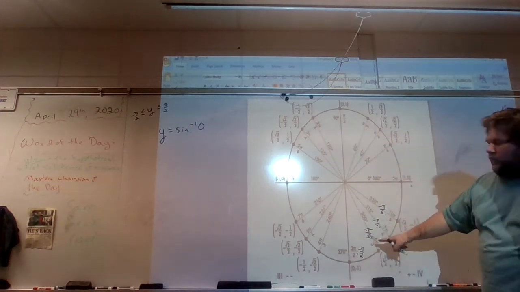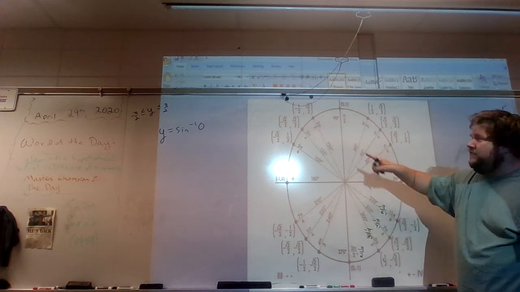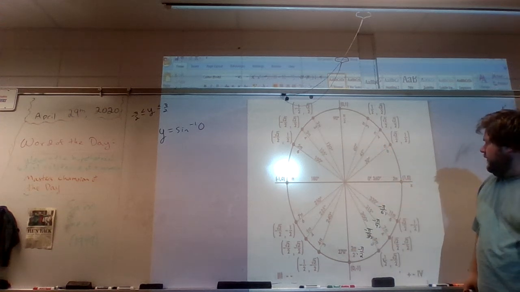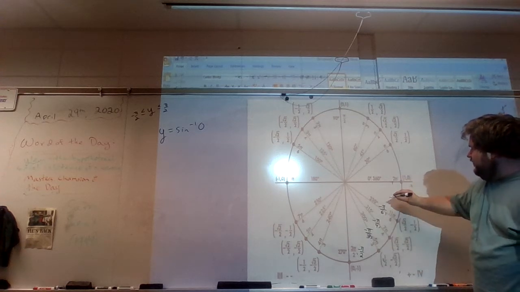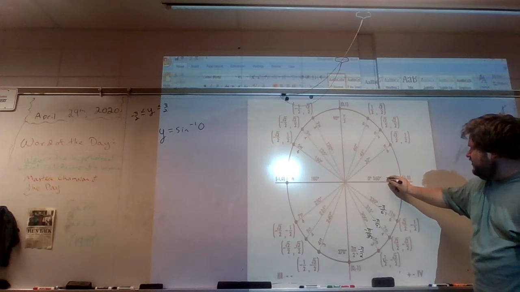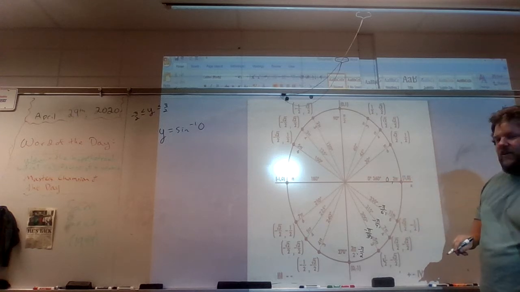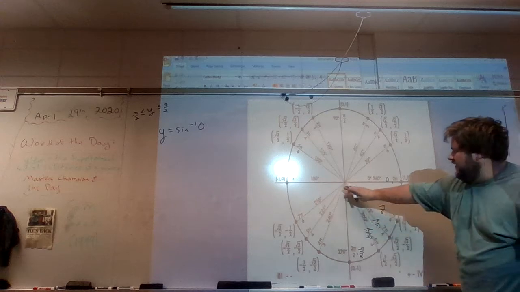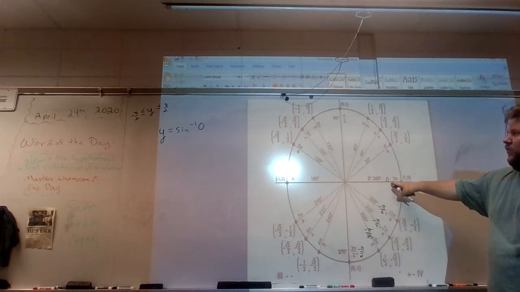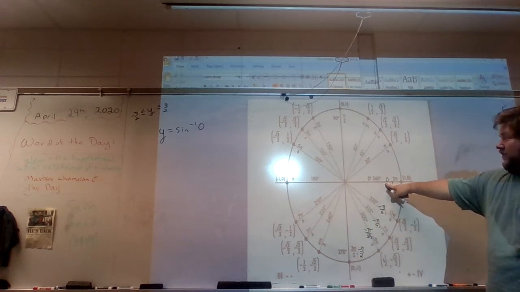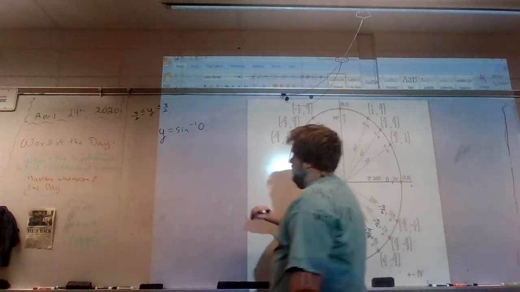What angle between negative pi over 2 and pi over 2 gives me a sine of 0? And we're always working in radians. Probably not a great example. I guess I should amend this to also have a 0 radians, because that's 2 pi as well. So what I'm actually looking for on this one is 0. That's between negative pi over 2 and pi over 2, and the sine of 0 is 0. So this is 0.